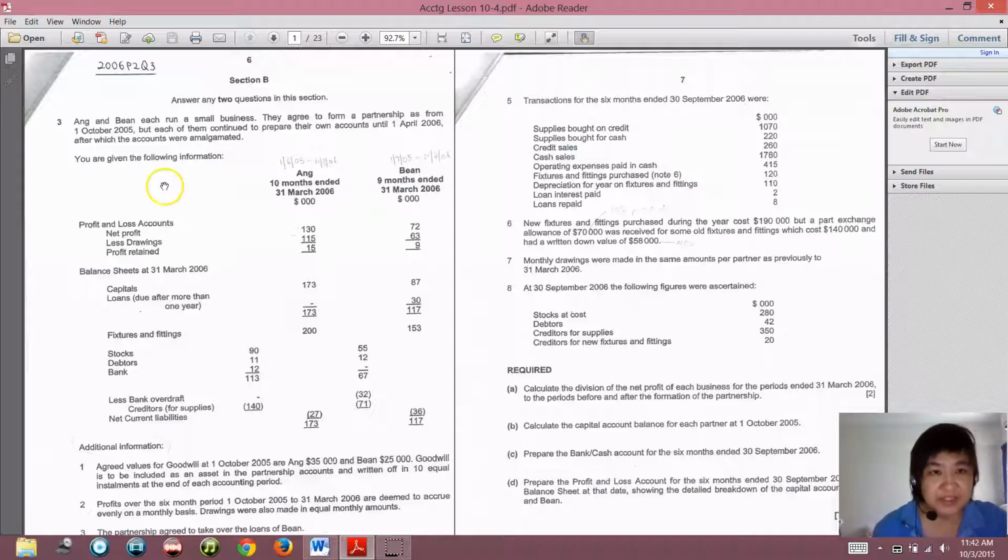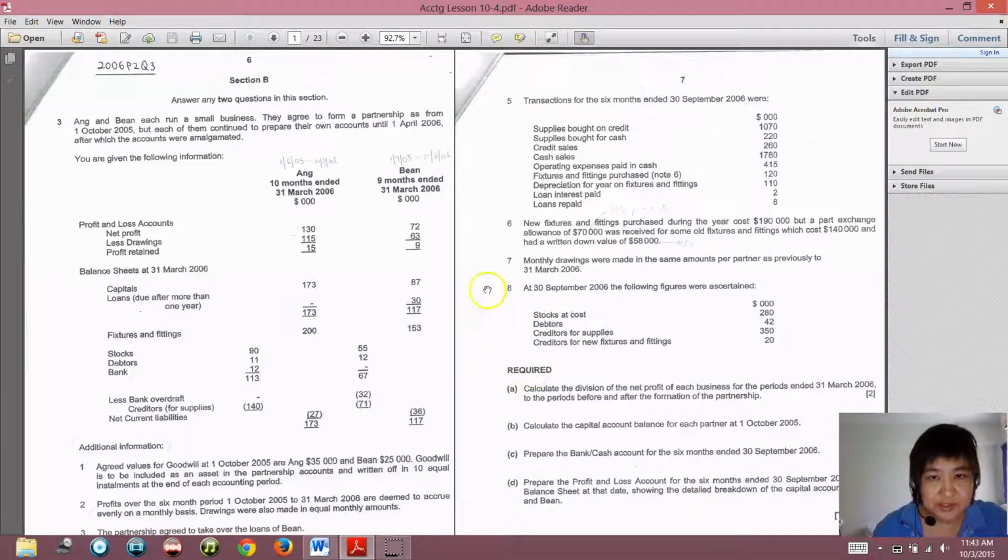Amalgamated means join. Okay, so this one is 10 months to 31st March 2006, this is 9 months to 30. You see, this is somewhat similar with the previous question I explained in part 1.